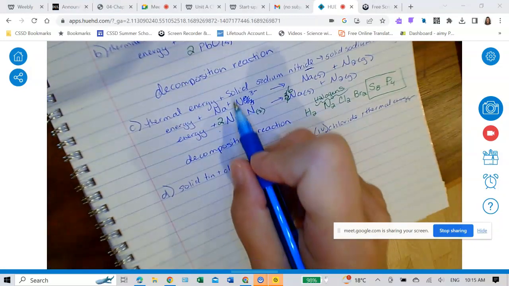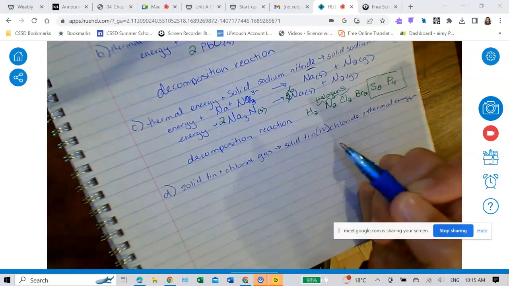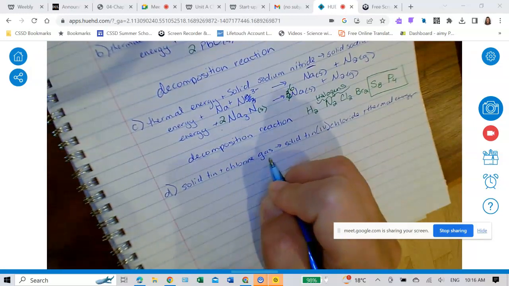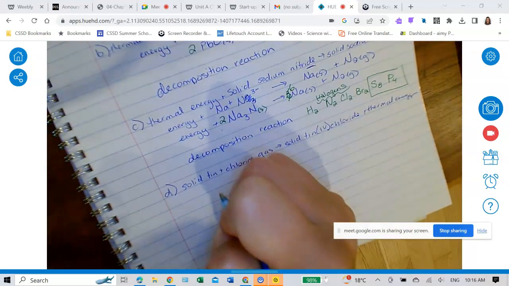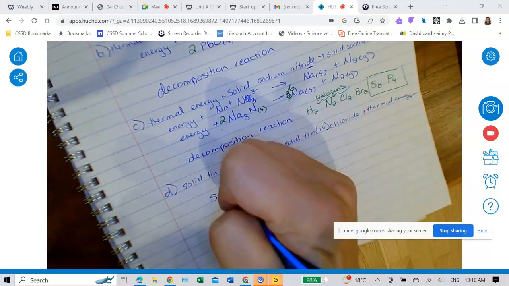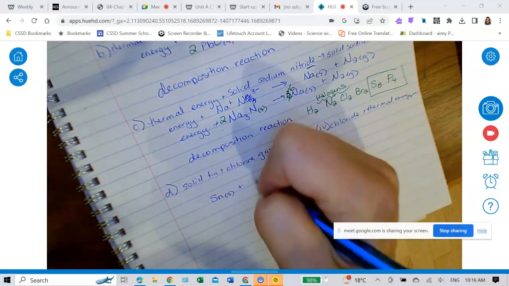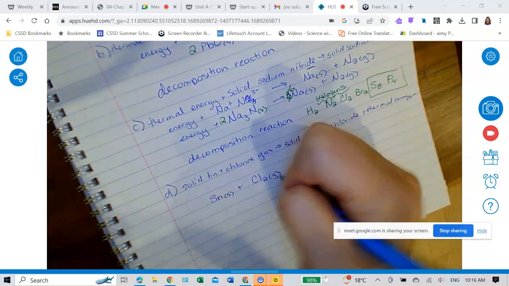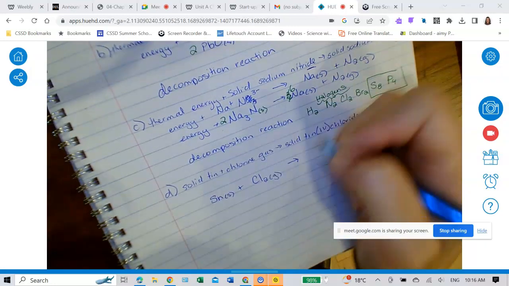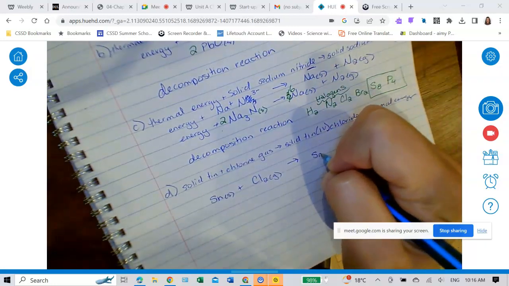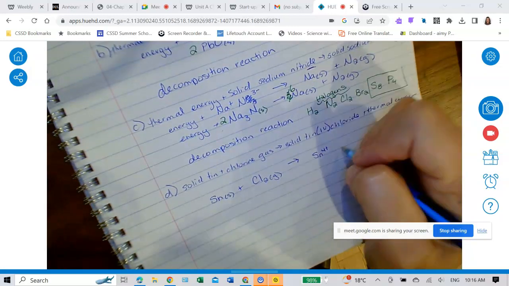So we're balanced. We wrote the formula. We said what kind. Next one: tin plus chlorine gas. So what's tin? Tin is Sn. It should be Ti, but that's titanium. Chlorine, we just said, comes in 2 packs. Tin 4 chloride, so that's this one.